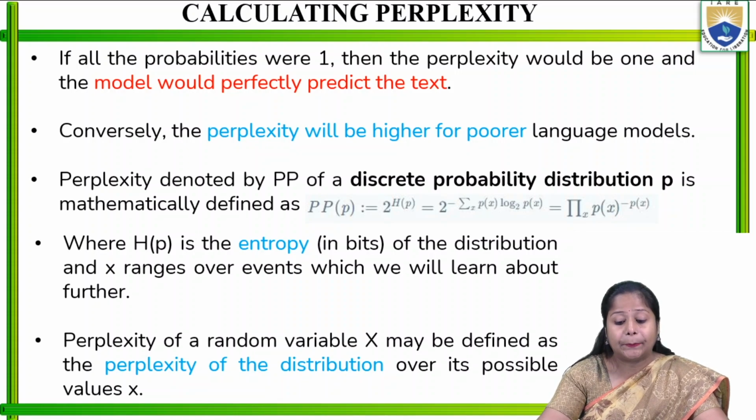Perplexity, denoted by PP, of a discrete probability distribution p is mathematically defined as PP(p) = 2^H(p) = 2^(-Σ p(x) log2 p(x)) = Π p(x)^(-p(x)).